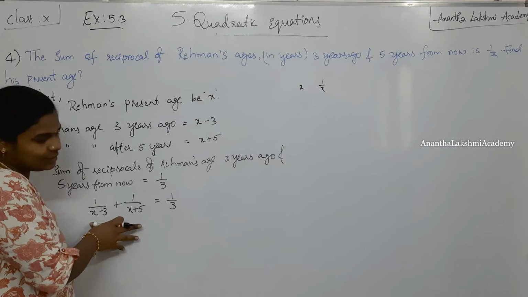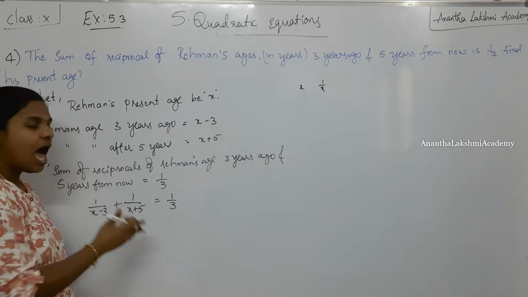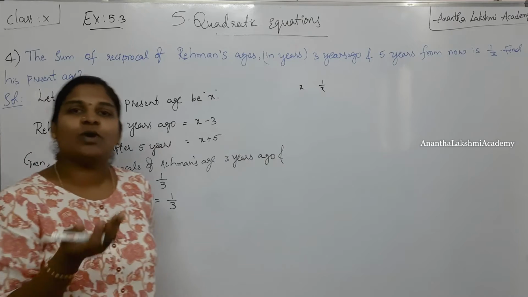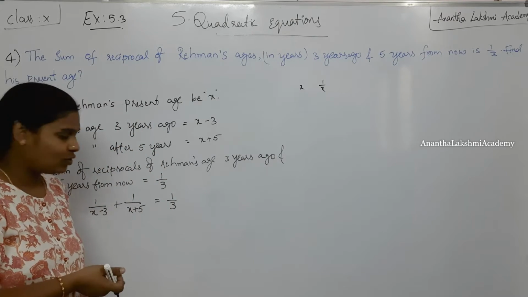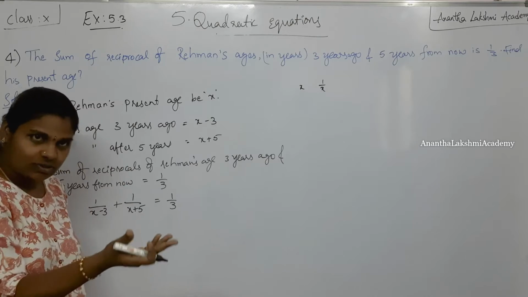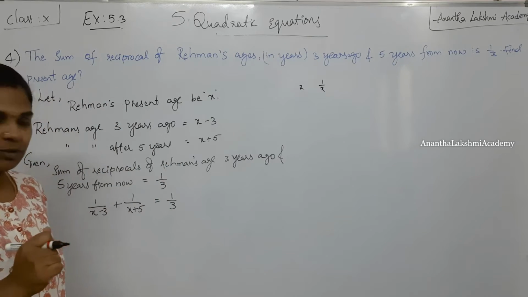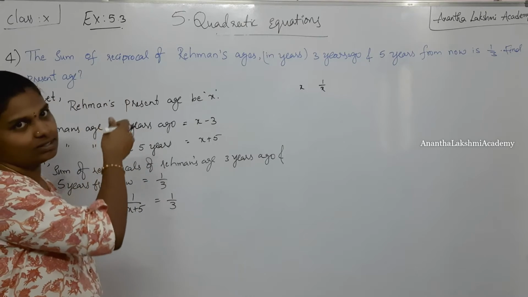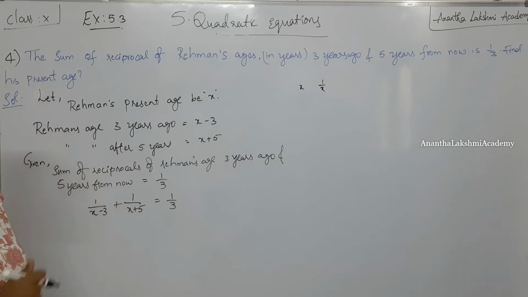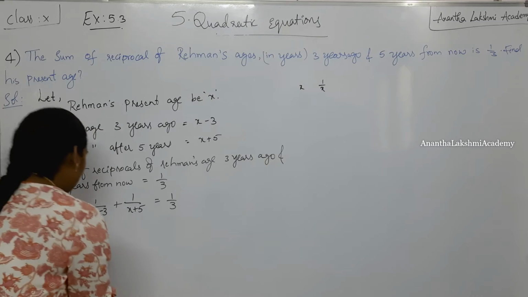This is exactly the same way the equations are given in problem number 3. What did I tell you? Take the LCM and solve. This is how you are going to solve problem number 3 also. So if you have already done that problem, it is very simple for you to solve this. Let me take the LCM.